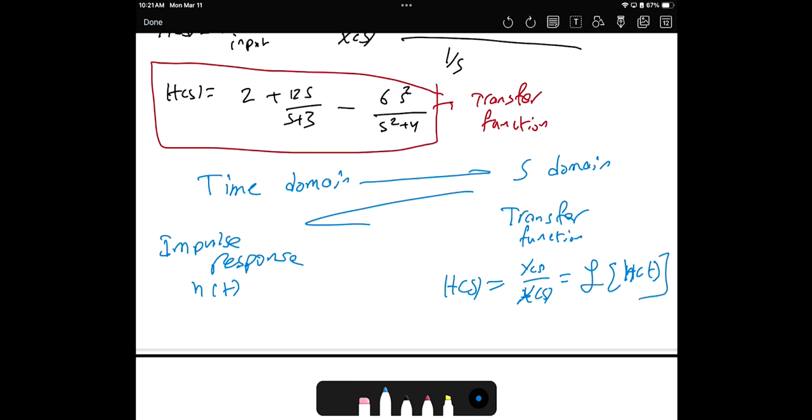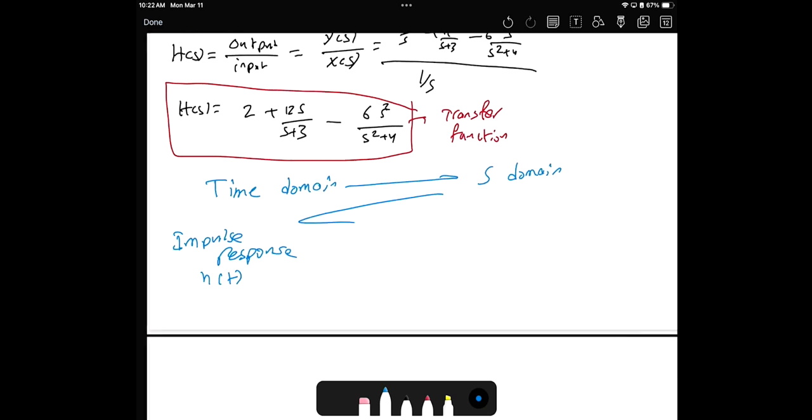What's the transfer function? It is the Laplace transformation of the impulse response. Okay? Now, are you aware what the impulse response is? Recall, by the way, the impulse response means the output when the input is delta. Just a quick recall.